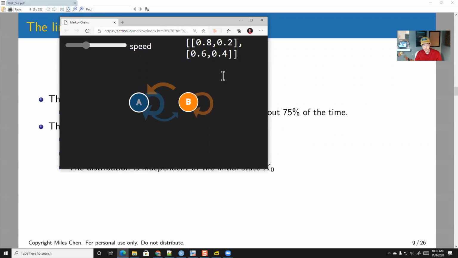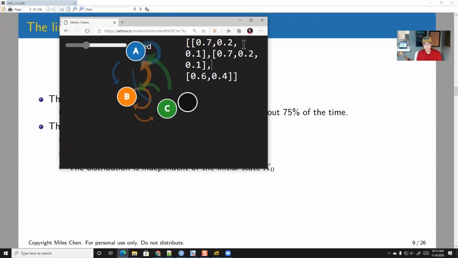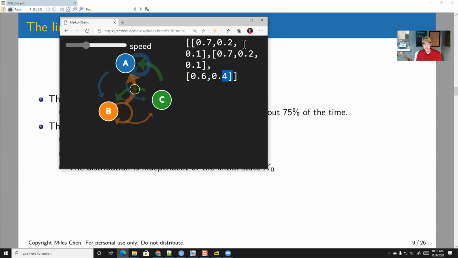But if we had like 3 values, I wonder, can I actually make a 3rd value here? I wonder. I might not be able to. Oh, look at that.